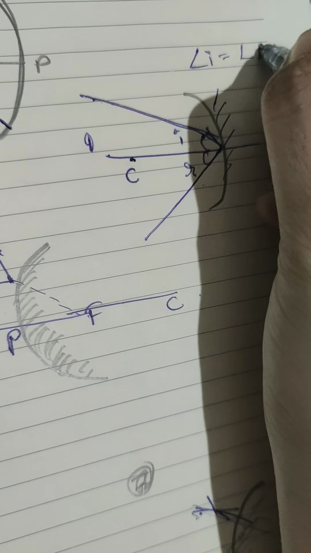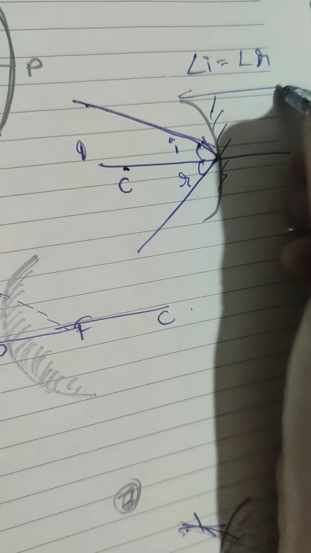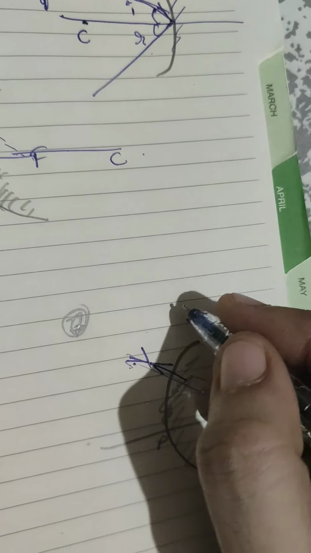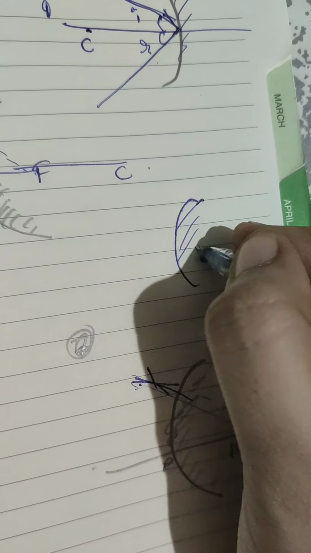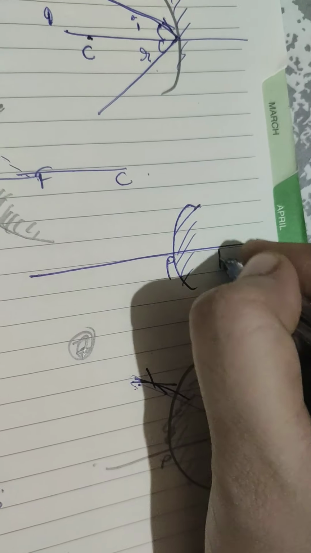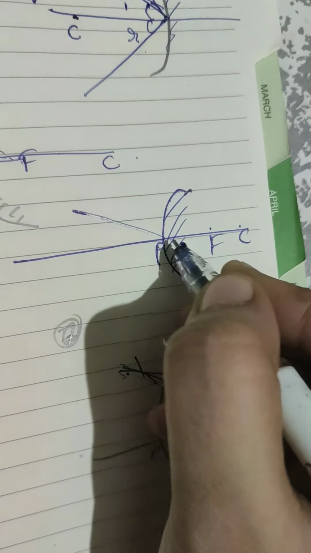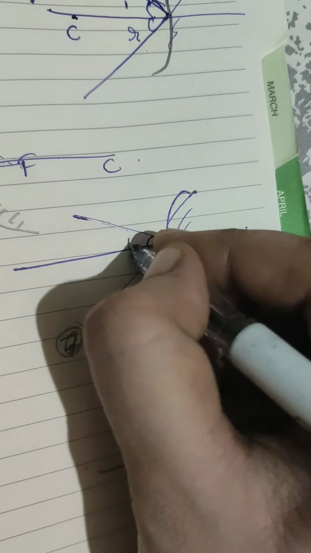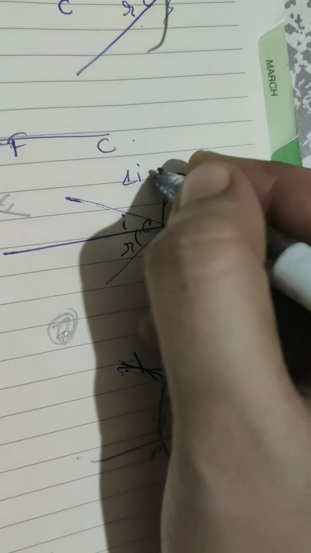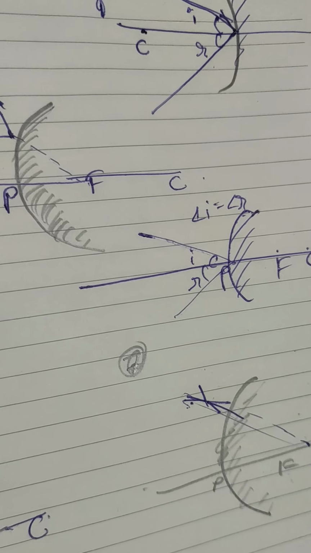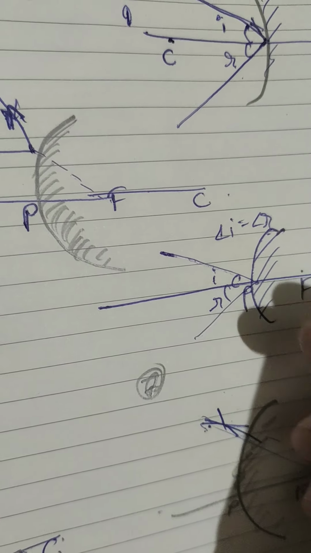Angle i is equal to angle r in concave. What happens in convex? The same thing will happen. i and r are equal. It's the law of reflection. It appears here only.